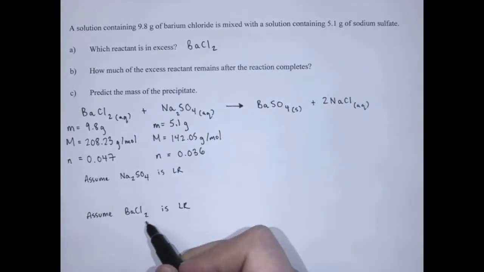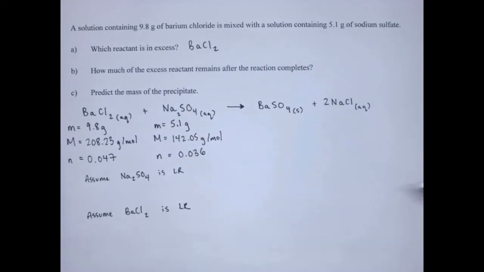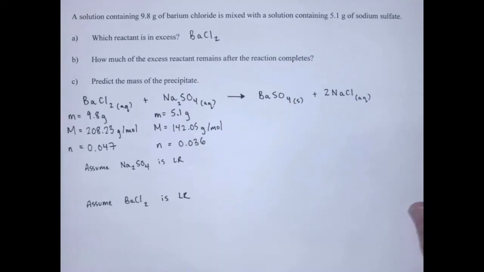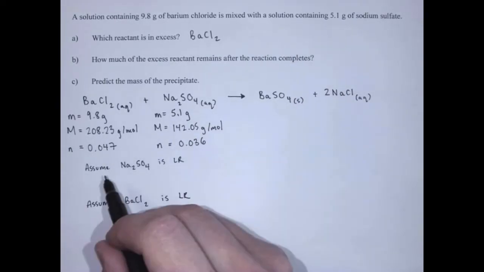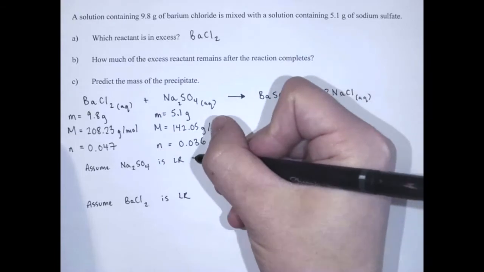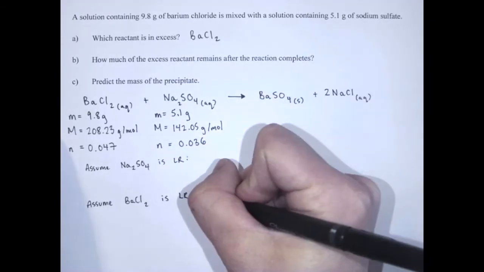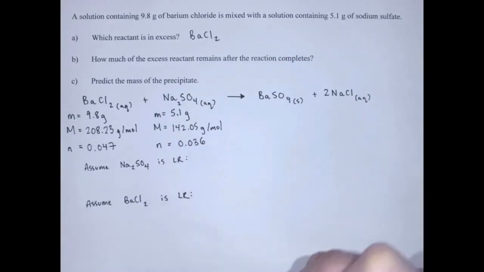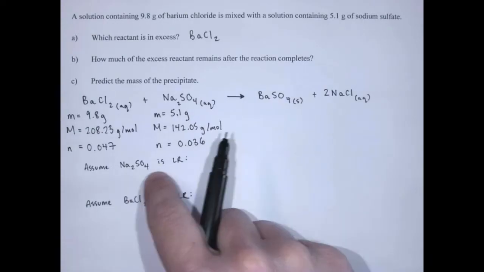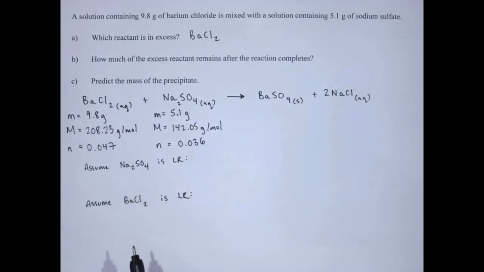We already know that barium chloride is not the limiting reactant, but I'm just going to show this method to show you why it works too. So if we assume sodium sulfate is the limiting reactant, what we're going to do is figure out how much of the precipitate, barium sulfate, we would make given that this is the limiting reactant.